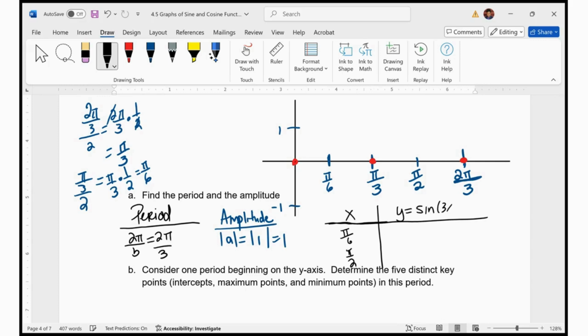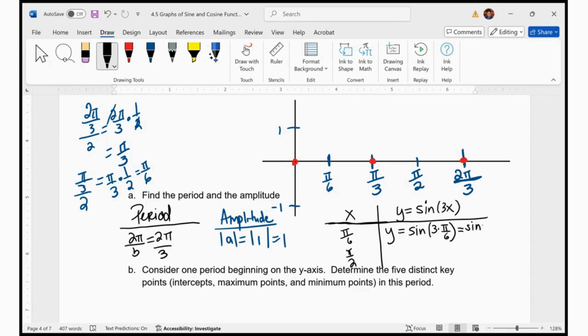We could plug in pi over 6 right here. Sine of, and let's clean it up. What is 3 times pi over 6? 3 pi over 6. And what is that? 3 pi over 6 reduces to pi over 2.